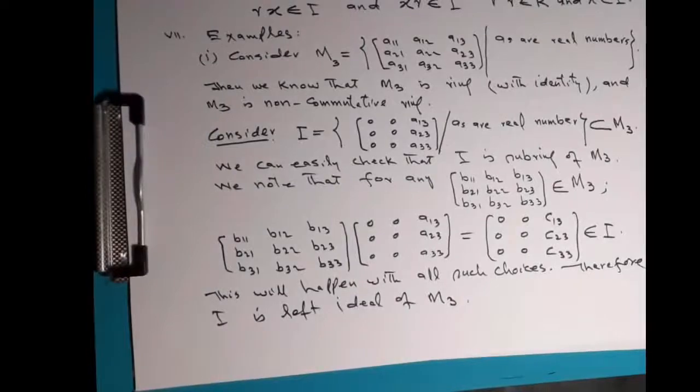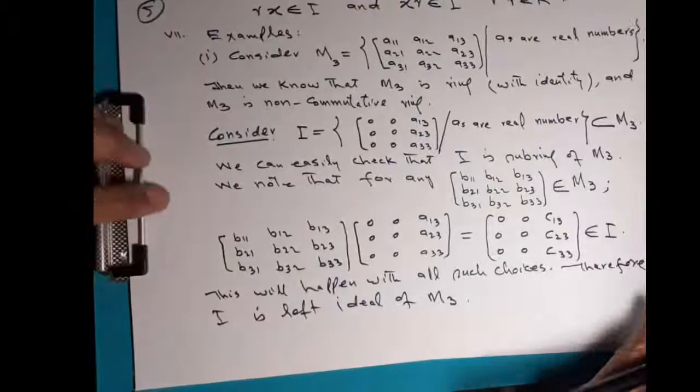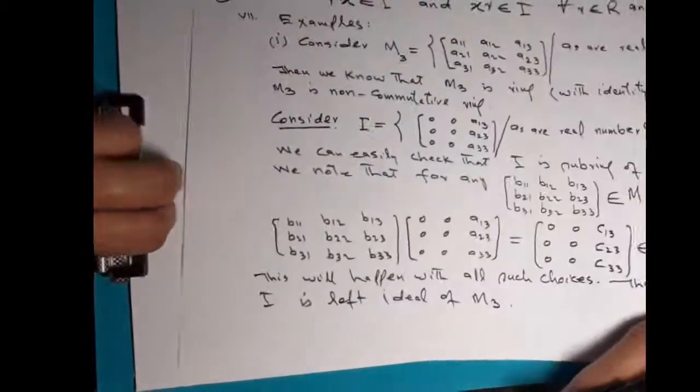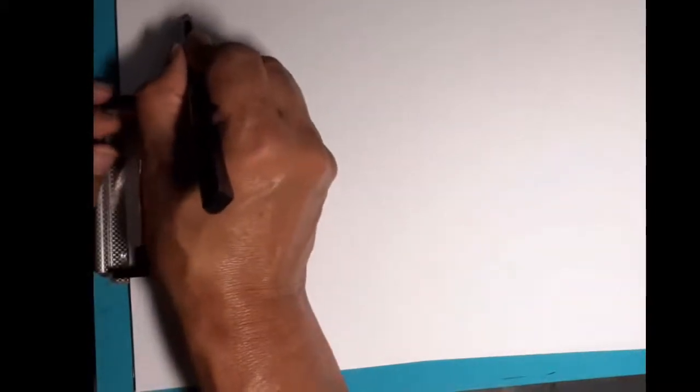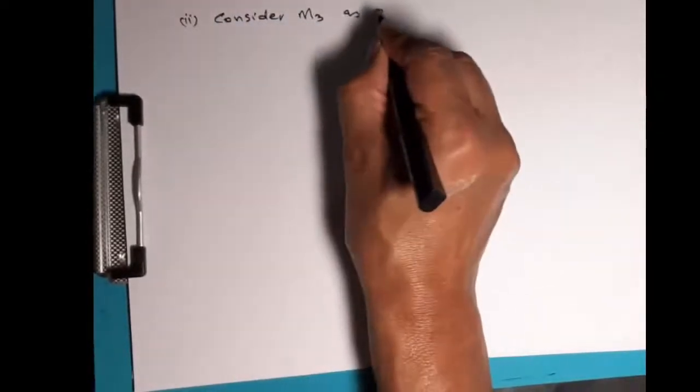So let's come to another example. Again, consider M3, the same ring, as above. But in this case we are going to consider a different subset of M3.